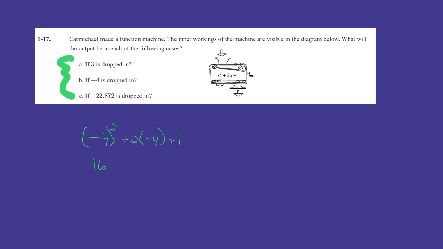So that is 16 minus 8 plus 1. That would be 8 plus 1, which is 9. Okay? That's how you're going to solve that when you're using this particular function. But I am going to show you on the graphing calculator why it's so important to put the negative numbers into parentheses. So here we go.